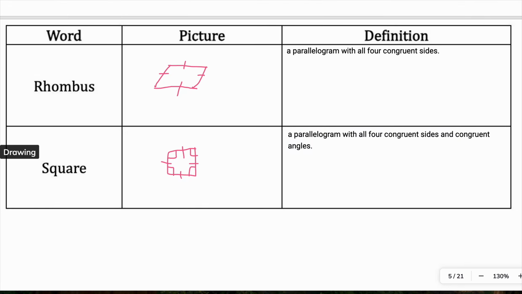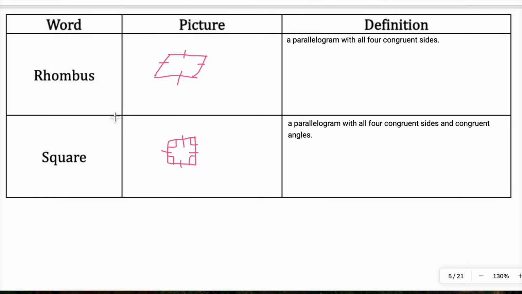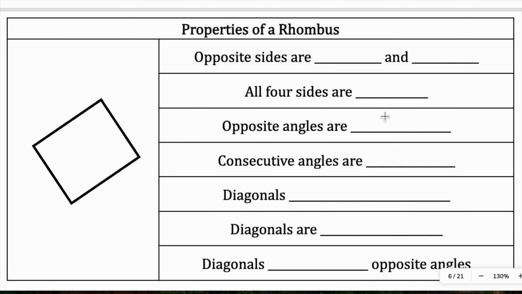The next thing we're going to do is classify the properties of a rhombus to begin with. Opposite sides are going to be parallel and congruent. All 4 sides are going to be congruent. Opposite angles are going to be congruent. Consecutive angles will still be supplementary.